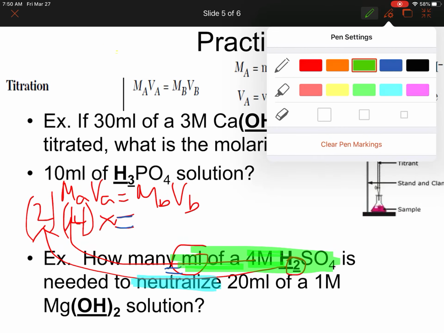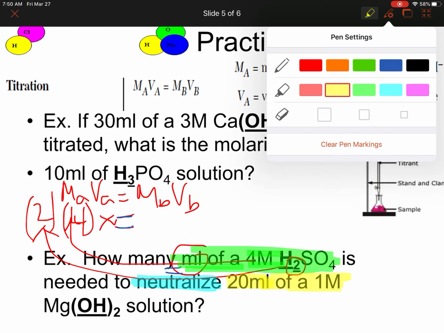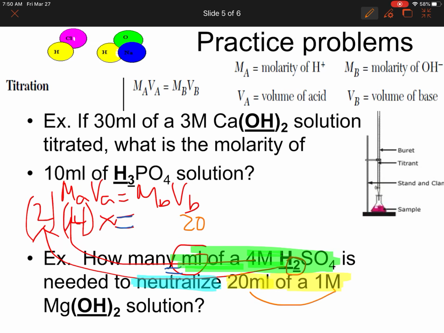It says 20 milliliters of a 1 molar. Again, these numbers will go together on the other side. 20 milliliters is my volume of the base, and 1 molar is my molarity of the base.